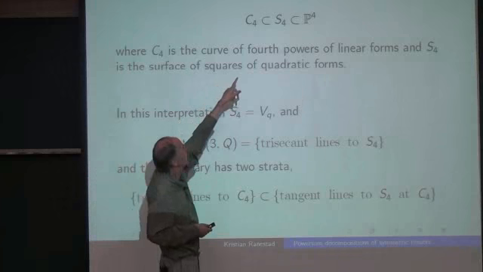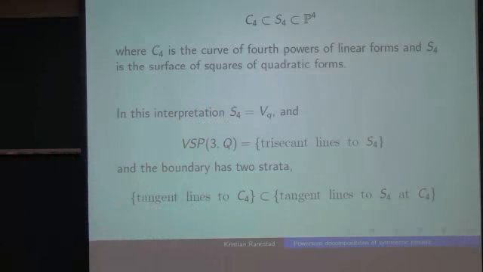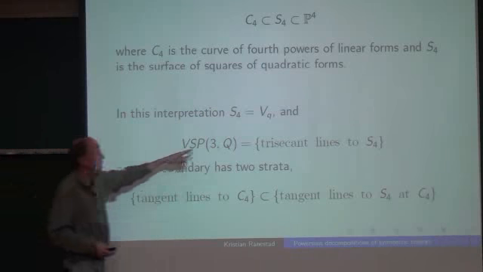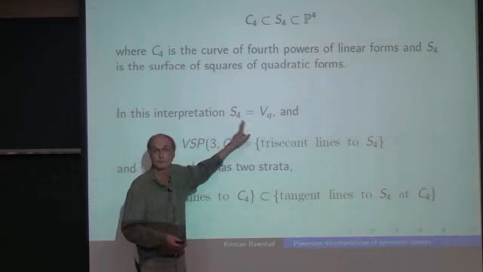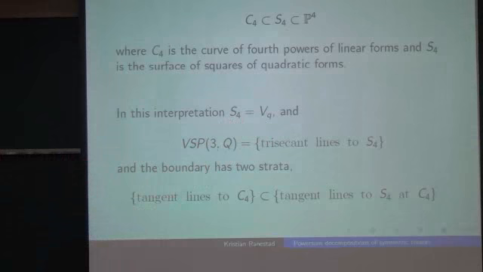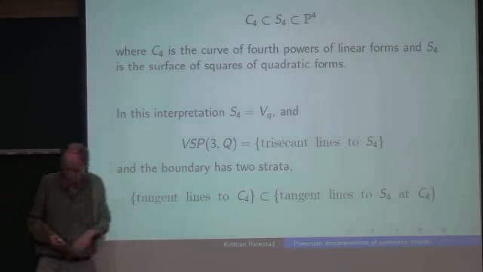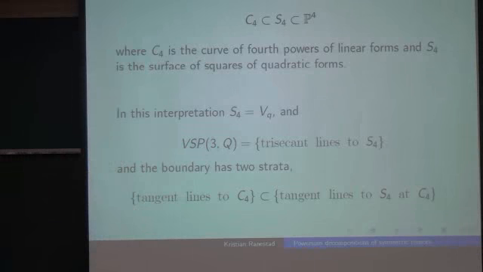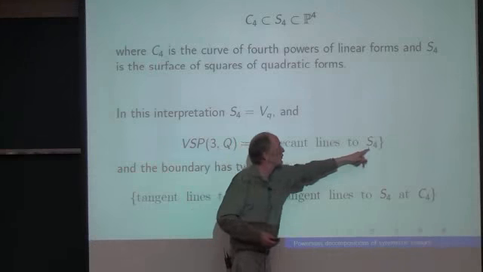So that's this stratification. There's C4 in S4 in P4. And now my surface VQ that I had in the previous slide can be identified with this S4. And so my set of polar triangles can be seen as the trisecant lines to this surface S4.